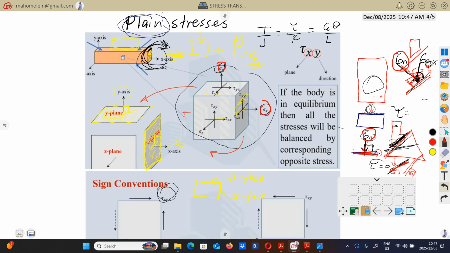You keep on finding the stresses as you change the plane, as you change the angle. So you'll have your element being like this. Then you change the angle of this plane to this. As you change the angle of these planes, then the normal stresses and the shear stresses will keep on changing.